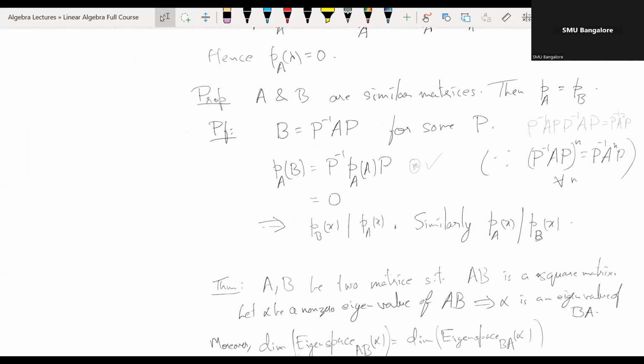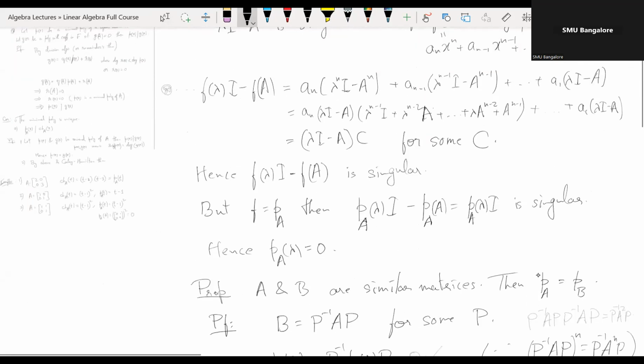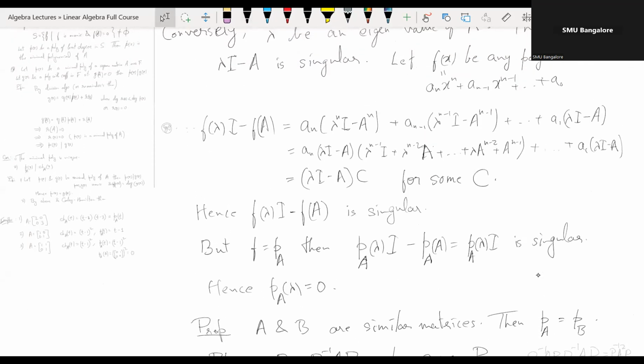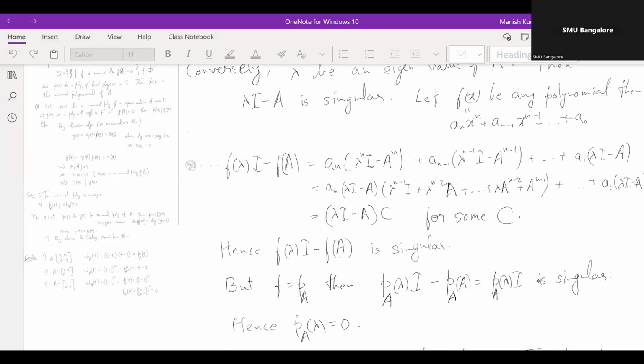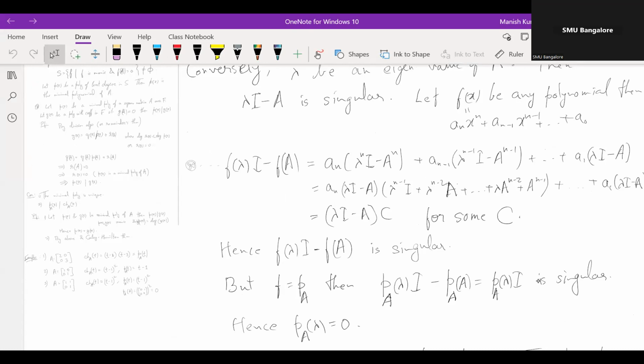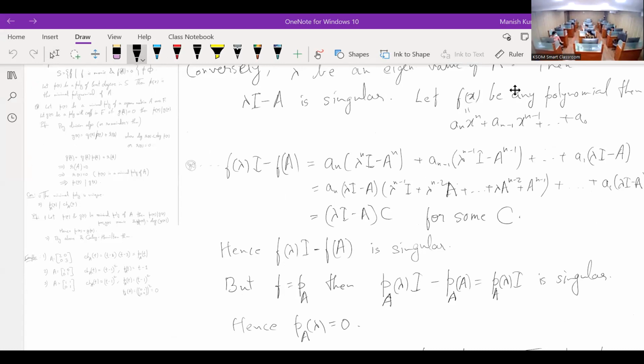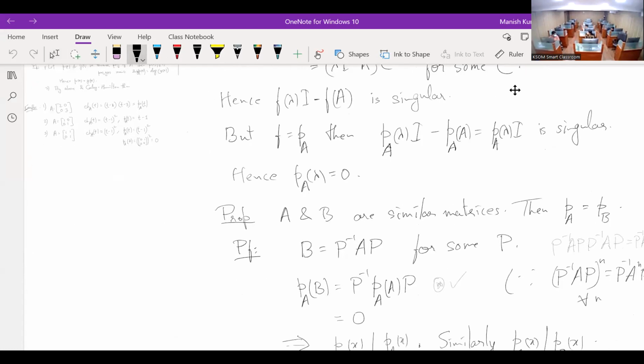B square plus B, we have P inverse (A square plus A) P. And for a polynomial, we can still write it again. Suppose we have one more polynomial a_0 plus a_1 B plus a_2 B square and so on. Similarly, we write it for these polynomials. That's it.